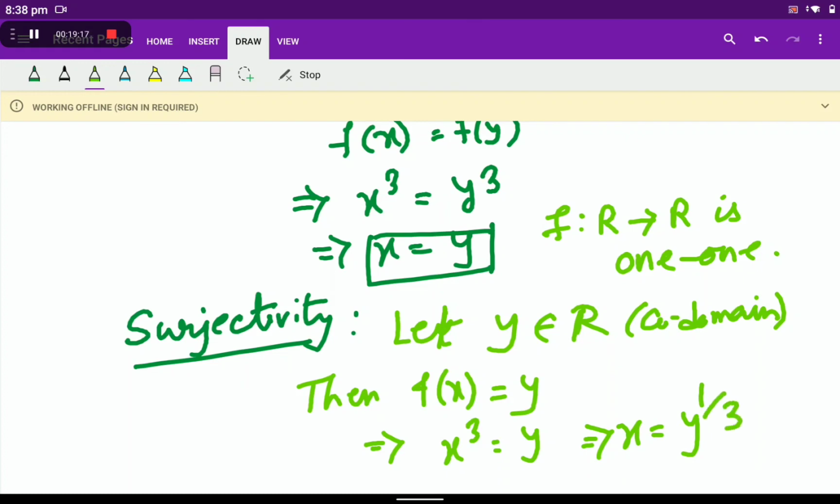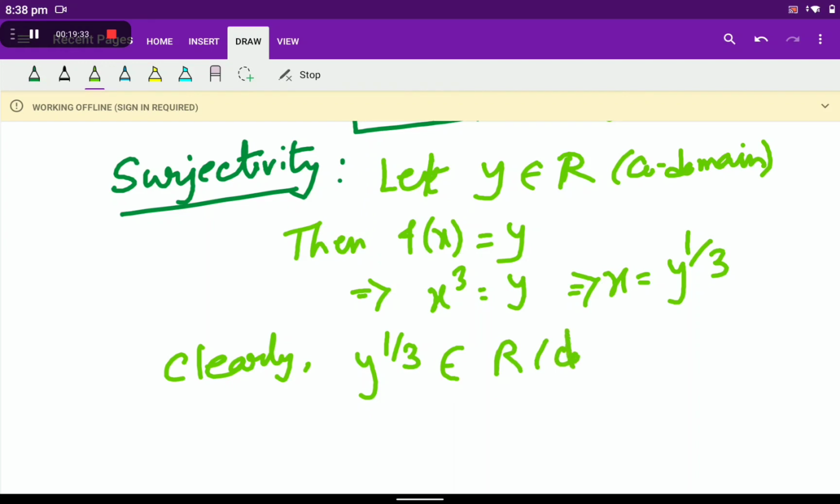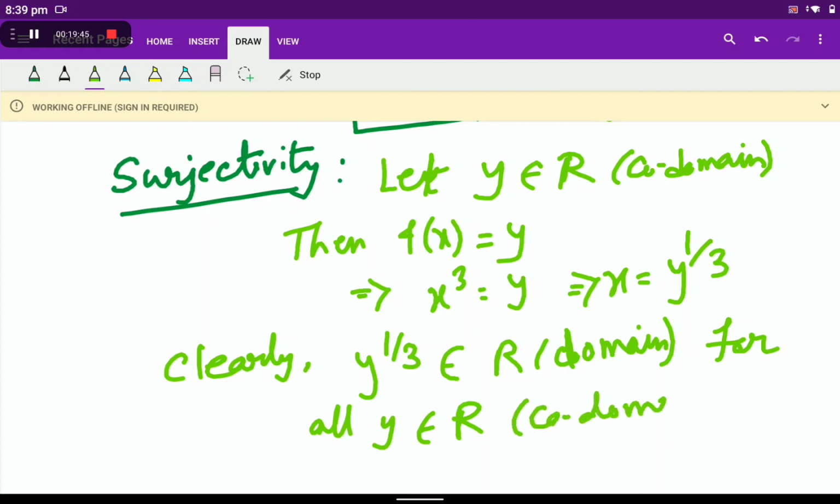Now clearly y to the power 1 by 3 belongs to R, that is the domain, for all y belonging to R, that is the codomain.